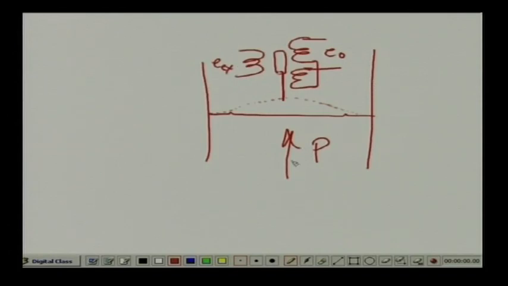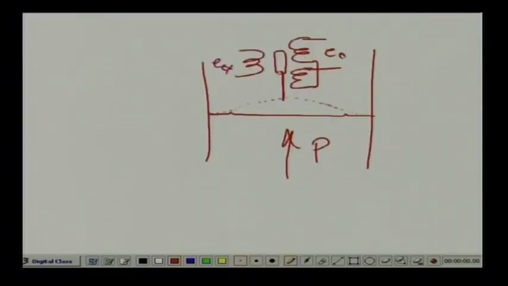As the pressure increases, this core will move from the null position, and I will get a non-zero output voltage E naught. I will not need any phase change demodulation, because in these cases the diaphragm will move only in one direction, it will never move in the other direction. So, this will give you a non-zero output voltage. This is one application of LVDT.